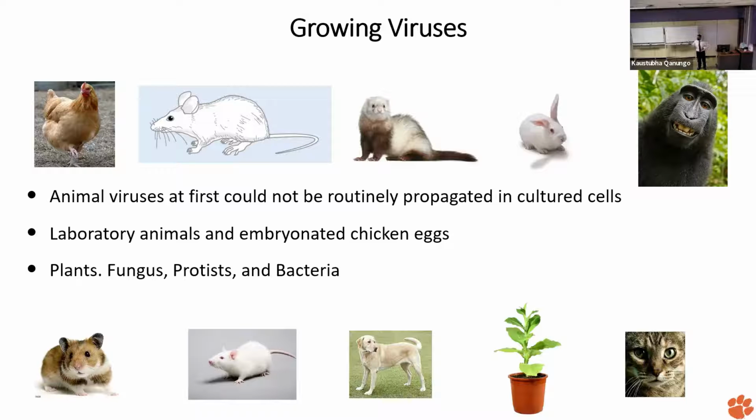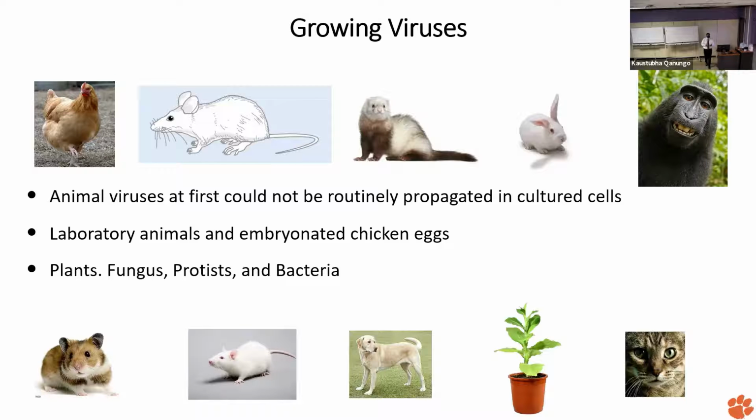You have to house these animals and they have a limited lifespan, so you have to inoculate new animals, and it's a huge hassle. Then in the 1950s, when cell culture was developed, it opened up a whole new door: you can infect these cell cultures and keep the petri dishes in the incubator and propagate the virus.